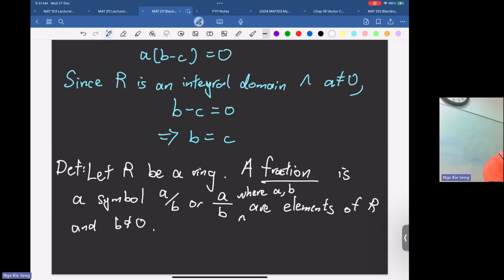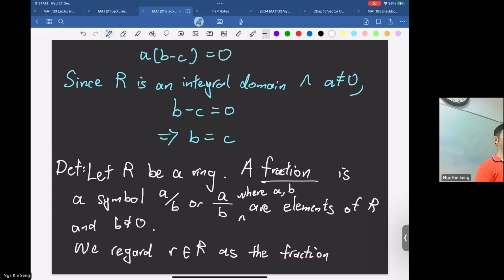So how do we regard an element in R as a fraction? Can we regard every element in R as a fraction? Can you guess? Yes, R over 1, R over the multiplicative identity.